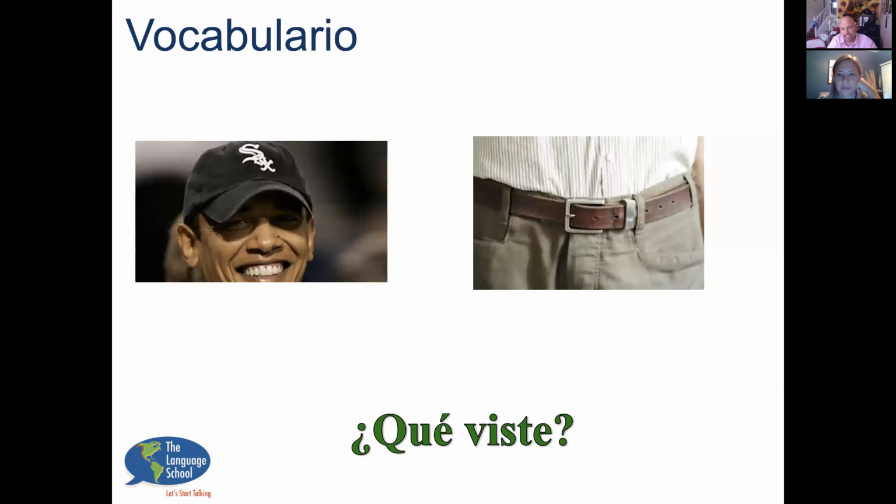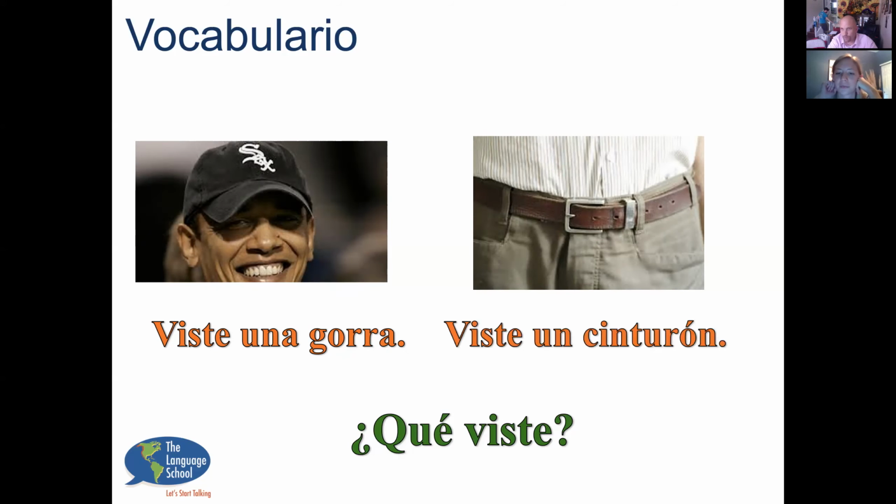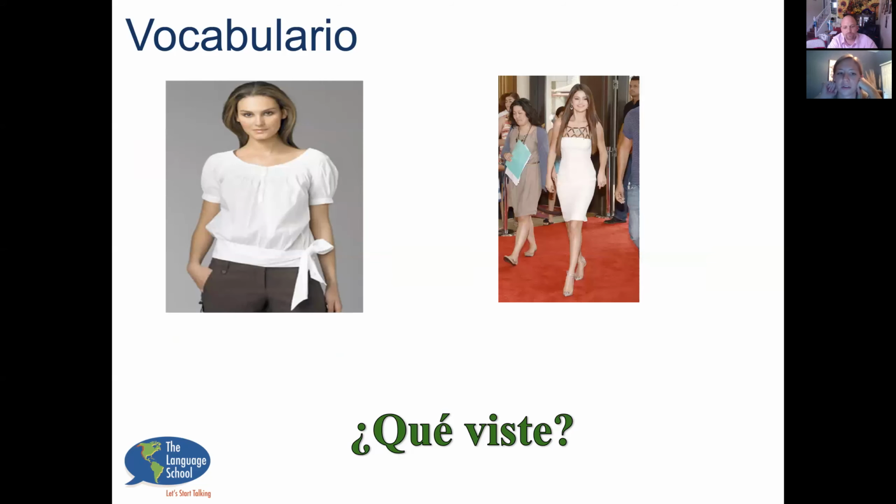A la izquierda, ¿qué viste? Obama viste, is it una gorra? Muy bien. Una gorra. Y a la derecha, ¿qué viste? Él viste un cinturón. Muy bien. A la izquierda, ¿qué viste?